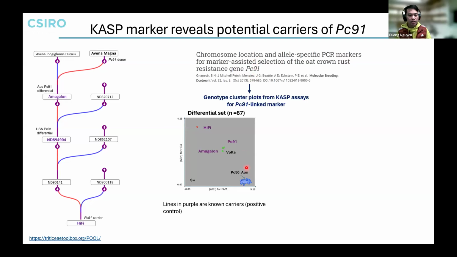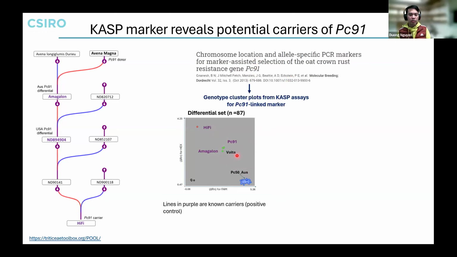From the result here, we have the Hi5, which is homozygous for the resistant allele, and PC91 and Amaclone, which are heterozygous for the resistant allele and the susceptible allele. In the paper, they mentioned this was because there is a tandem duplication throughout the PC91 region.